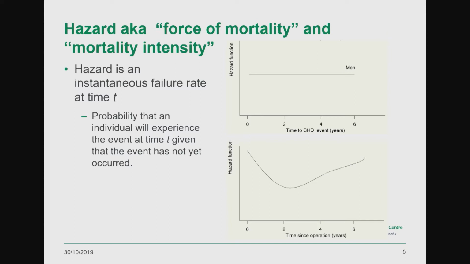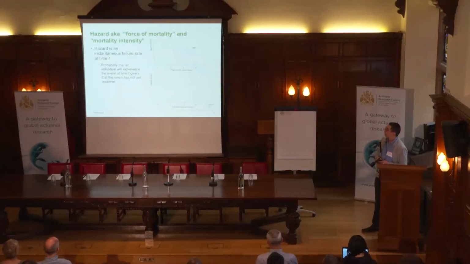You can see the two graphs here. I think the first graph comes from a study of time to chronic heart disease, and the second one analyzes time to operation. In the top graph, you can see that the hazard function is sort of constant over time.